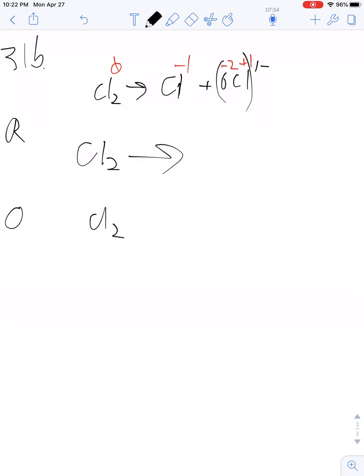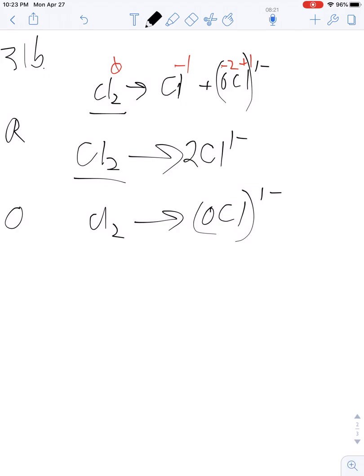All right, so when I do my reduction, I'm going to balance this chlorine with the chlorine that was reduced. I'm not going to use the OCl because that one is not being reduced, that one's being oxidized. So that's why with my oxidation I will balance it with that chlorine species as opposed to that one.